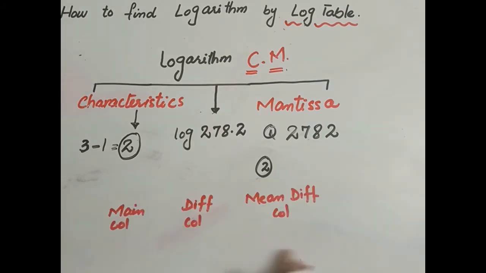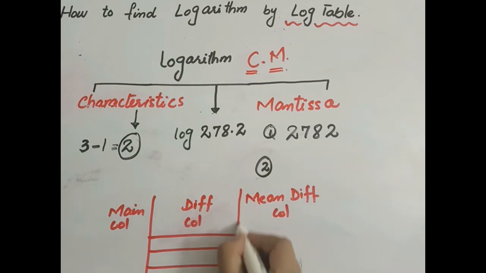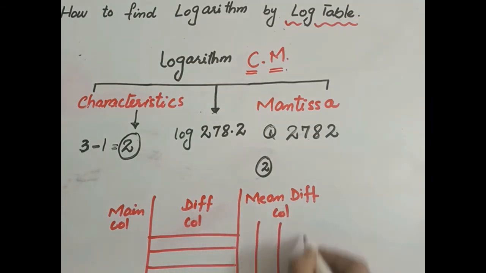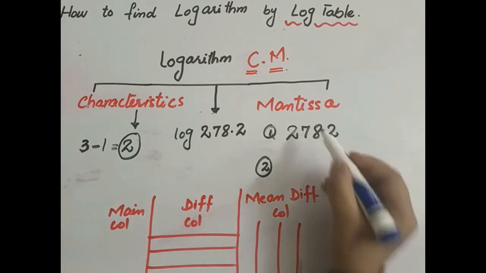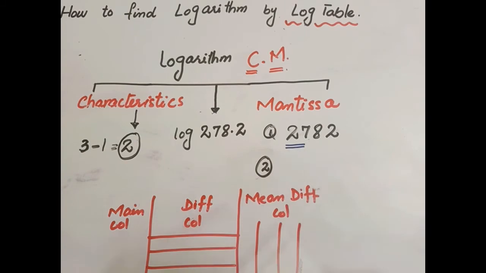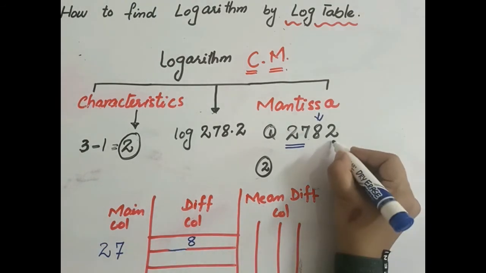The log table consists of these three parts: the main column, the difference column, and the mean difference column.